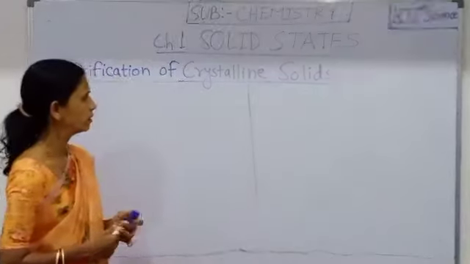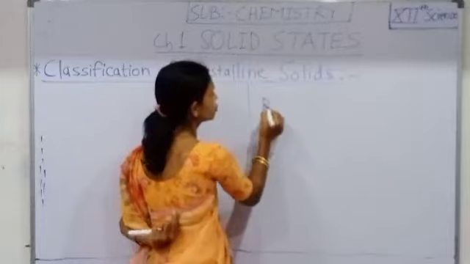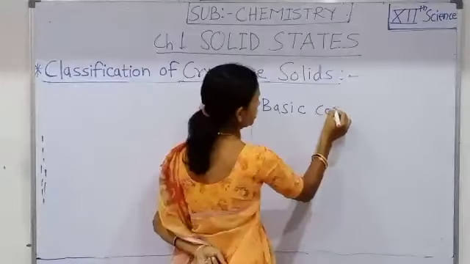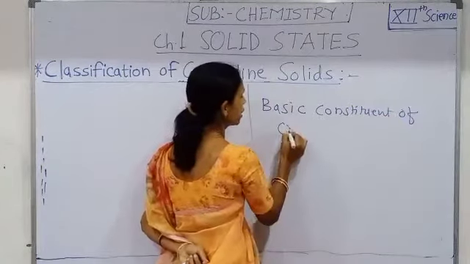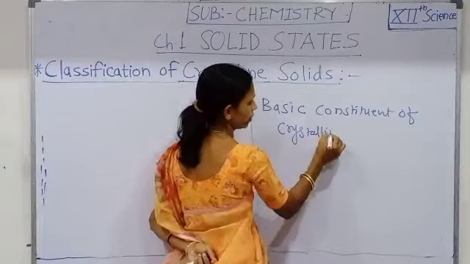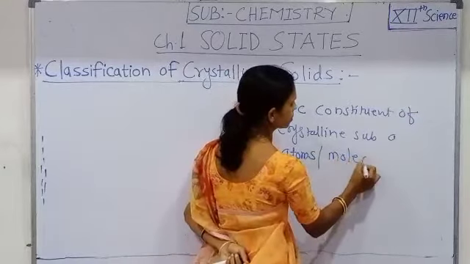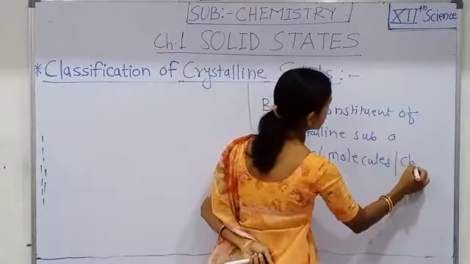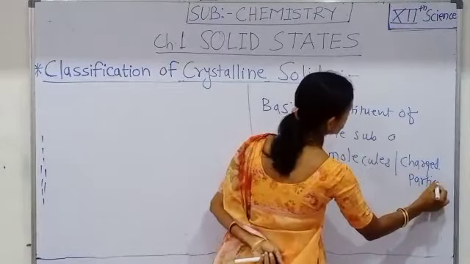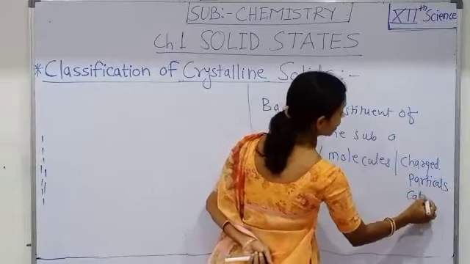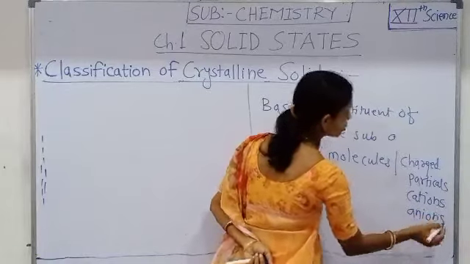I have already discussed that the basic constituent of a crystalline substance may be atoms or molecules, or charged particles, and those charged particles may be cations or anions or both.